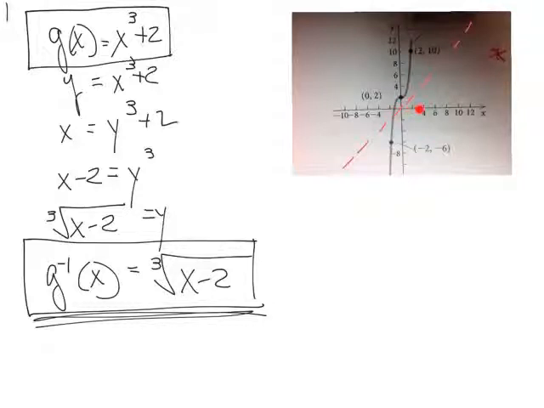So that means the reflection is going to be about here. And my other one is going to cross there as well. This point here is going to be about here. You know, so you're just kind of guessing what it's going to look like. So something along that line is going to be reflected across that x equals y. Okay?